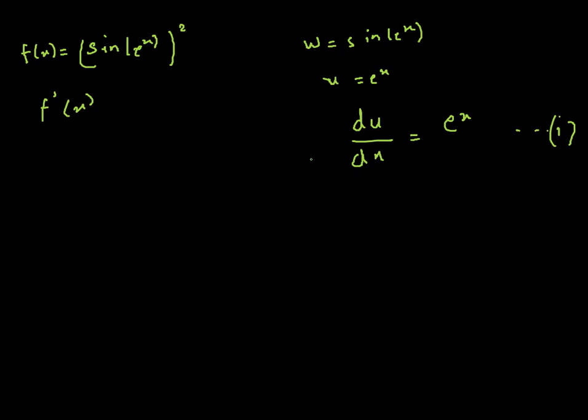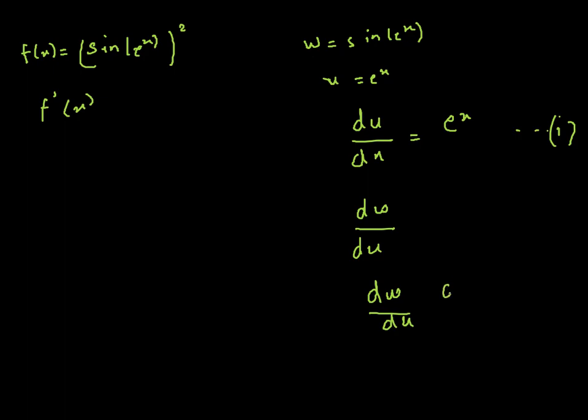Next we have w. So d of w by d of u is nothing but d of sine of e raised to x by d of e raised to x. So e raised to x is u.